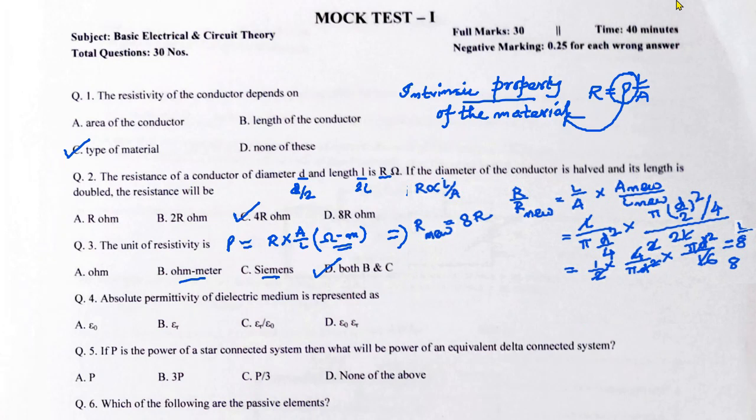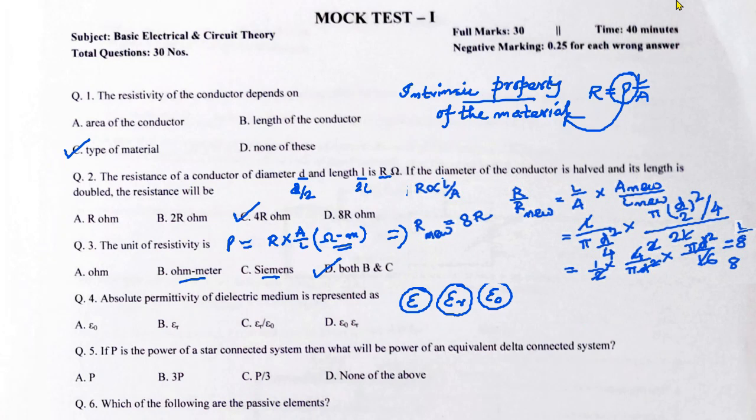Next, question 4. Absolute permittivity of a dielectric medium is represented as. The absolute permittivity is generally denoted by epsilon, where epsilon r is the relative permittivity of the medium and epsilon 0 is the permittivity of air or free space.